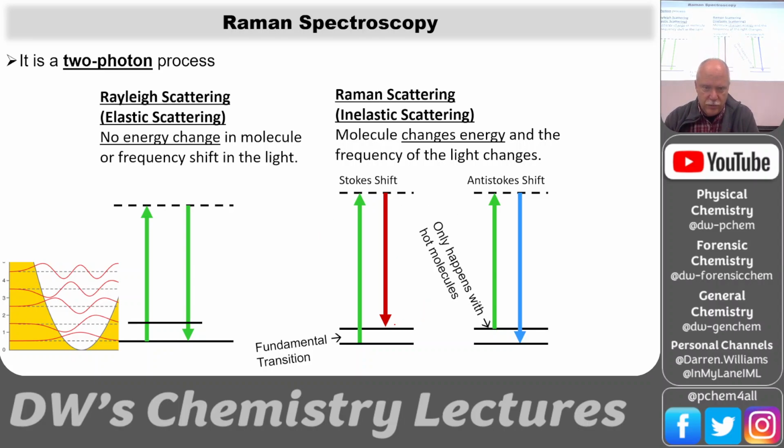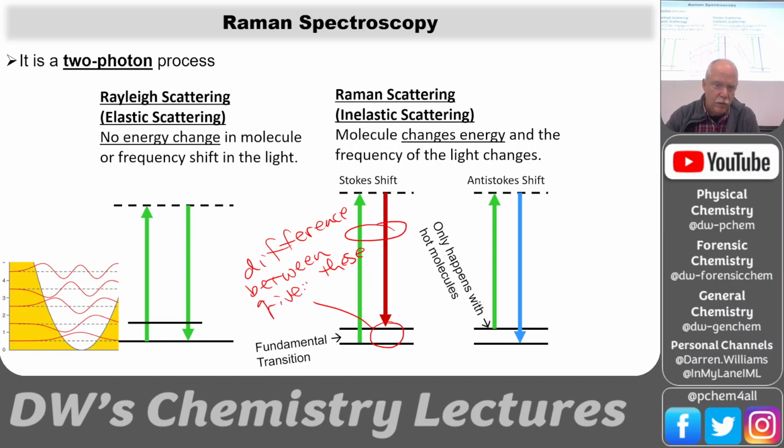So this difference right here is the vibrational frequency. So we take the incident light and subtract out the scattered light, and the difference gives us the vibrational frequencies.